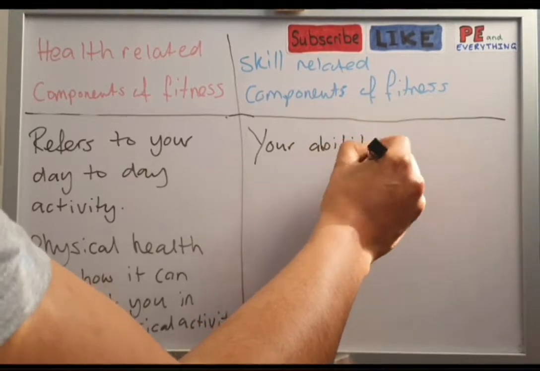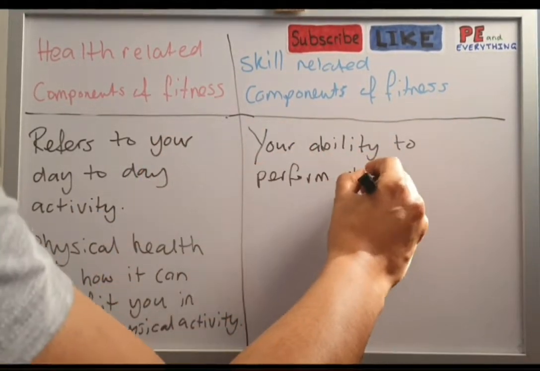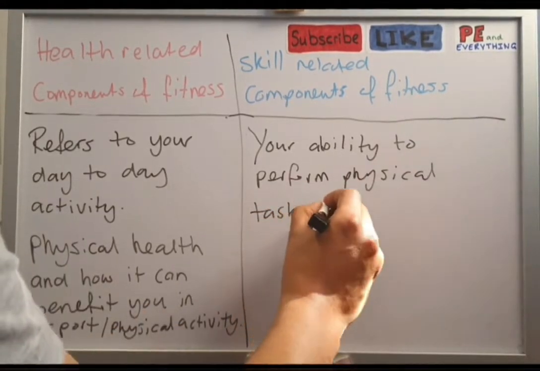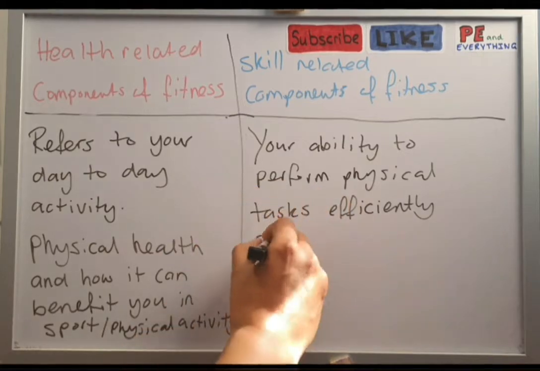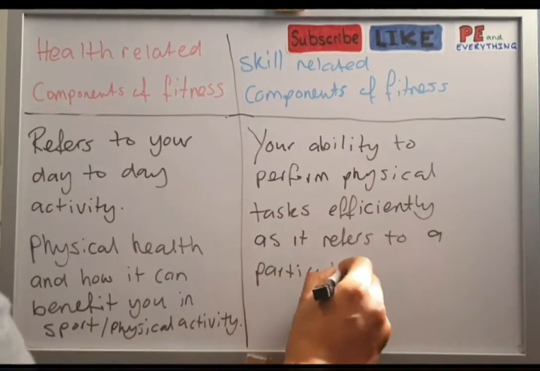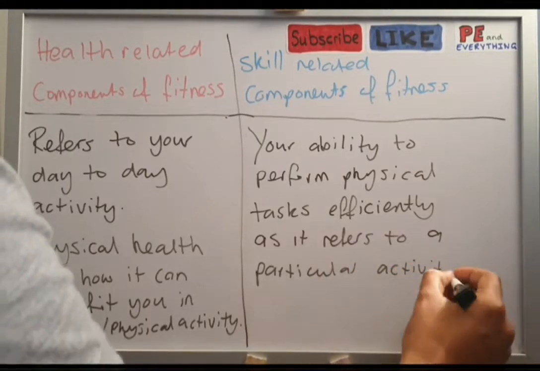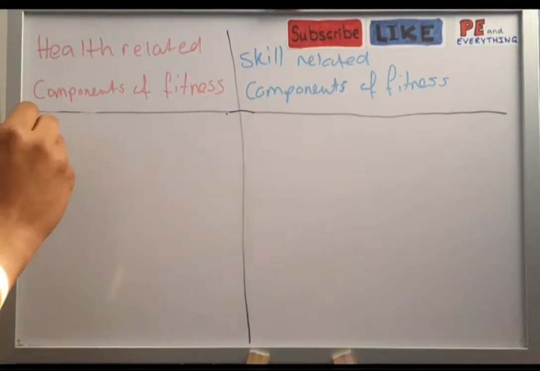Your next one, and your second component of fitness, would be your skill-related component of fitness. This is the ability to perform physical tasks efficiently, as it refers to a particular activity. So having the ability to do something, the ability.